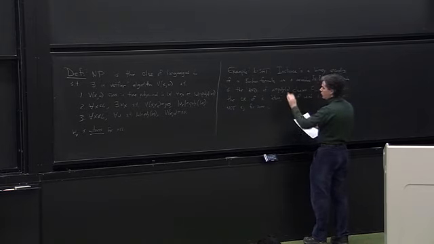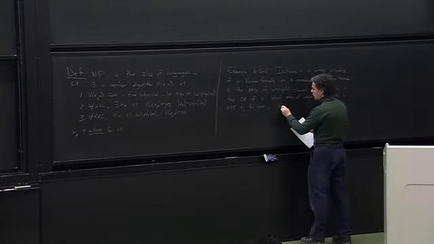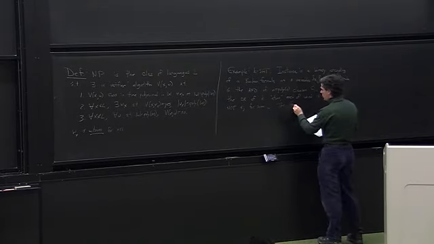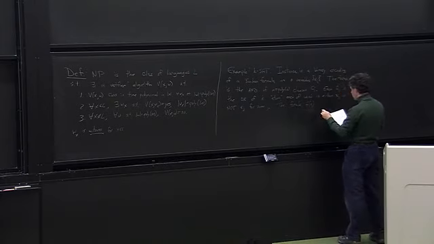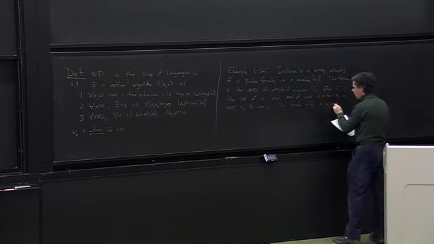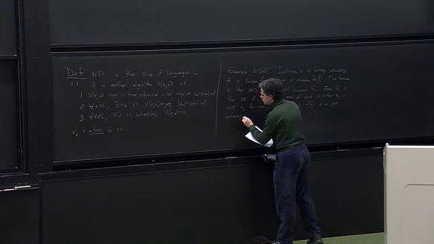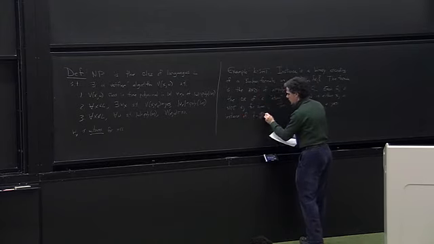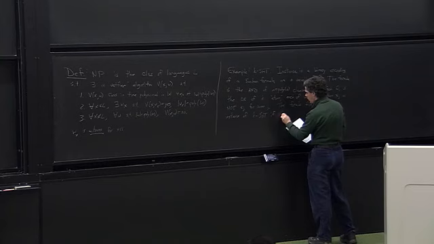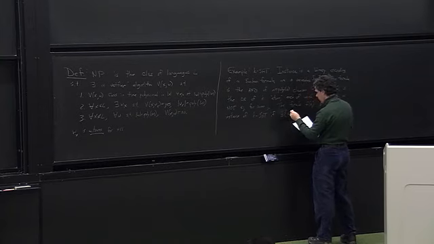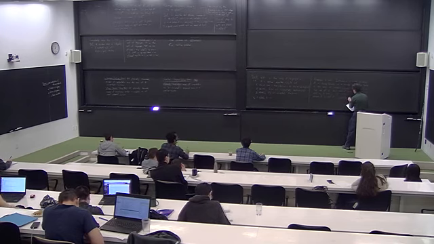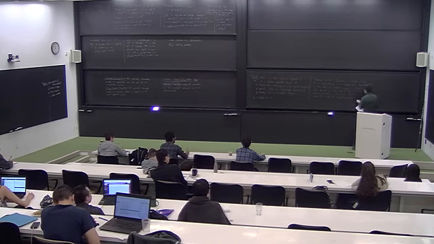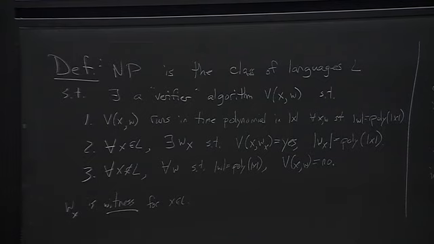And then we say the class KSAT is the set of inputs, of instances, f of x, so it's a yes instance of KSAT, if there exists some satisfying assignment, so each x_i goes to true or false, 0 or 1.